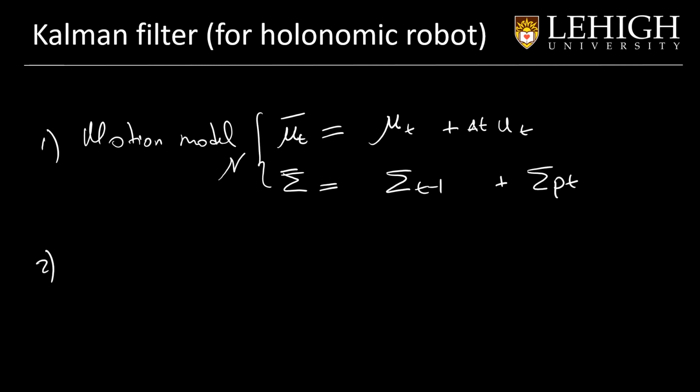And second, we will have the measurement model. This is the second step of the Kalman filter, where we do the correction.